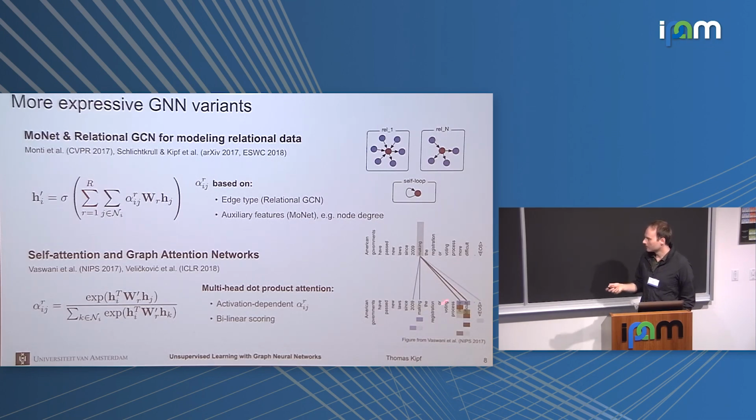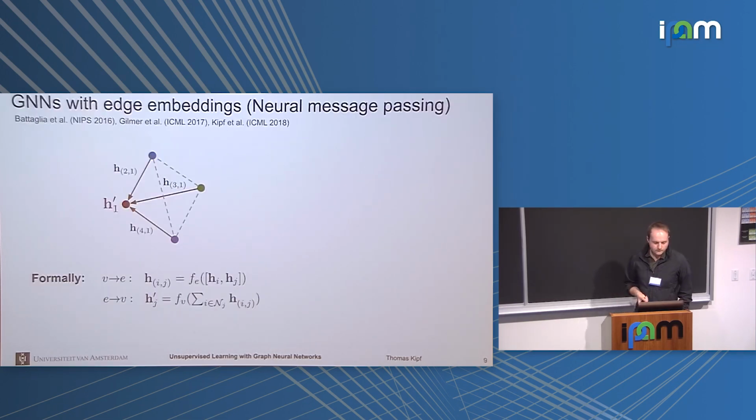And if you apply this to NLP, then these relation types, like this graph that the model learns, can discover things like semantic relations to some degree. And lastly, a third type of models that has been around for some time now, that people are using in practice in many of these deep learning on graph tasks, is graph neural nets that have explicit edge embeddings.